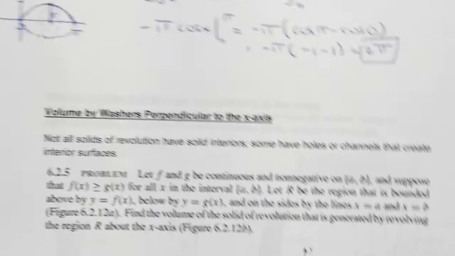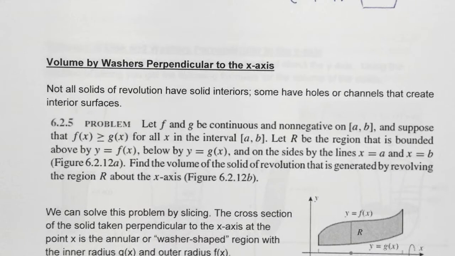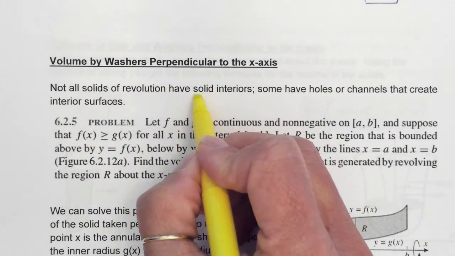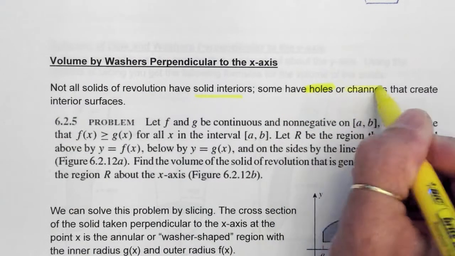Okay. So, volume by washers perpendicular to the x-axis. So a washer is just like a penny with a hole in the middle. And in this case, it says not all solids of revolution have solid interiors. Some will have holes or some kind of channel.